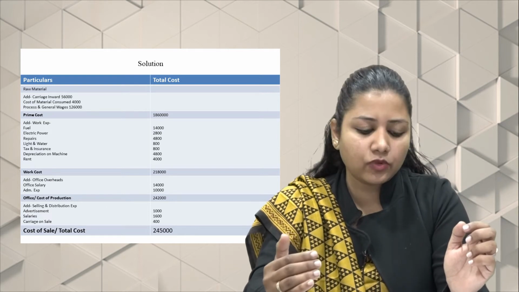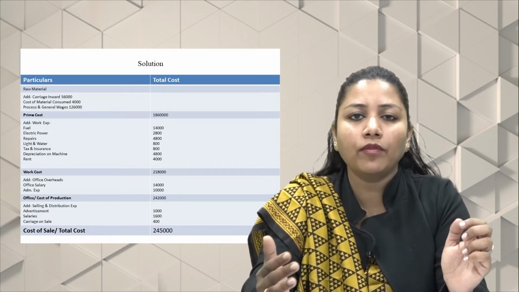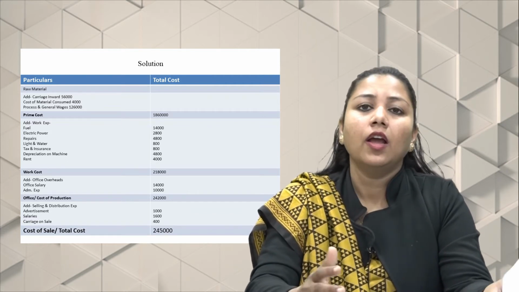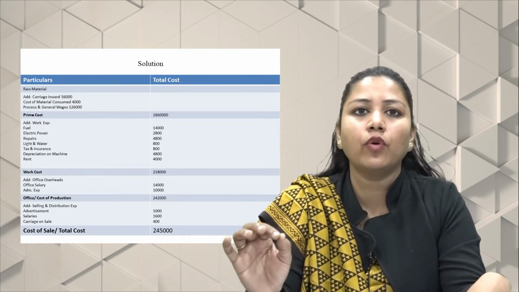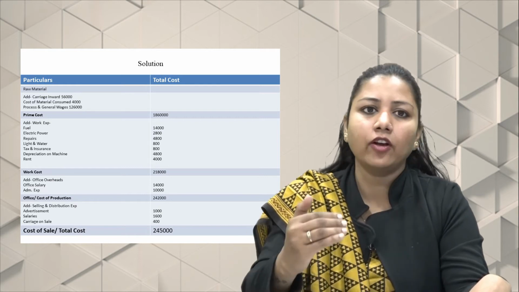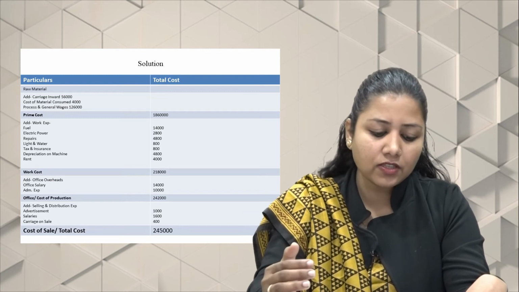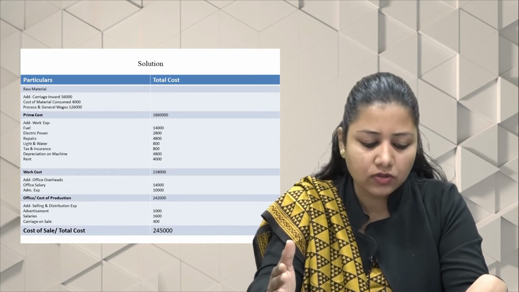Now in the second stage, we will go for the work cost. With the help of the expenditure, we find out the work cost. Here in this illustration, there are many expenditures given for the work cost. We have to add them to the prime cost. First, add the fuel, that is 14,000.